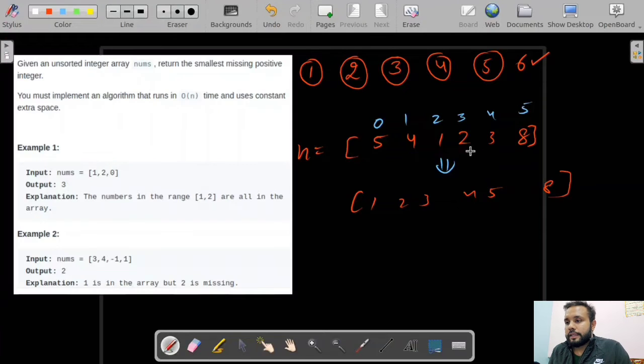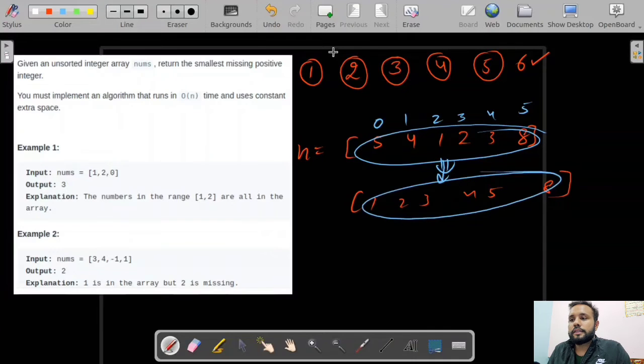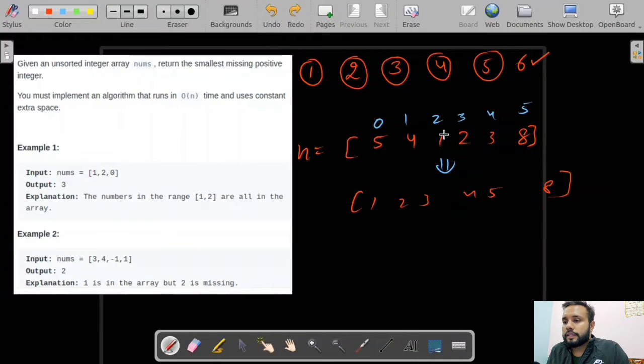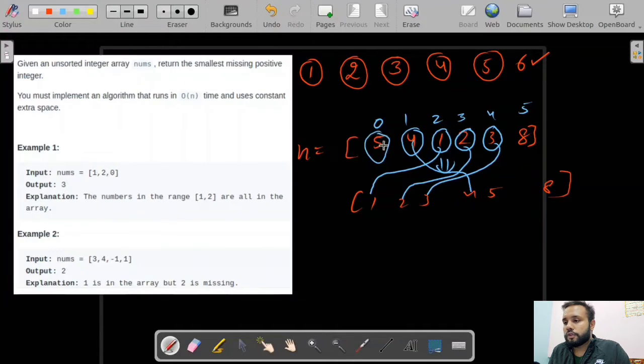If we want this array to be sorted like this, then this 1 will go to index 0, this 2 will go to index 1, this 3 will go to index 2, this 4 will go to index 3, this 5 will go to index 4.